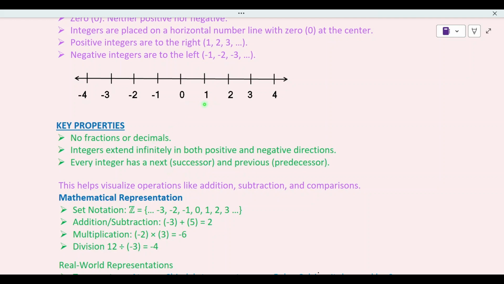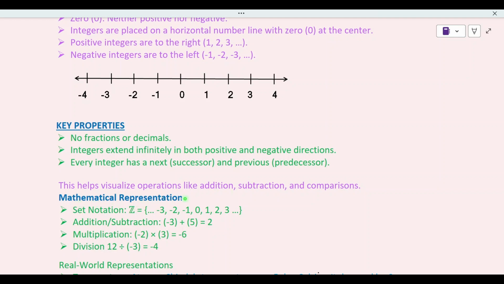For example, for number 1, its successor is 2 and predecessor is 0. For -2, its successor is -1 and predecessor is -3. This helps visualize operations like addition, subtraction, and comparison.